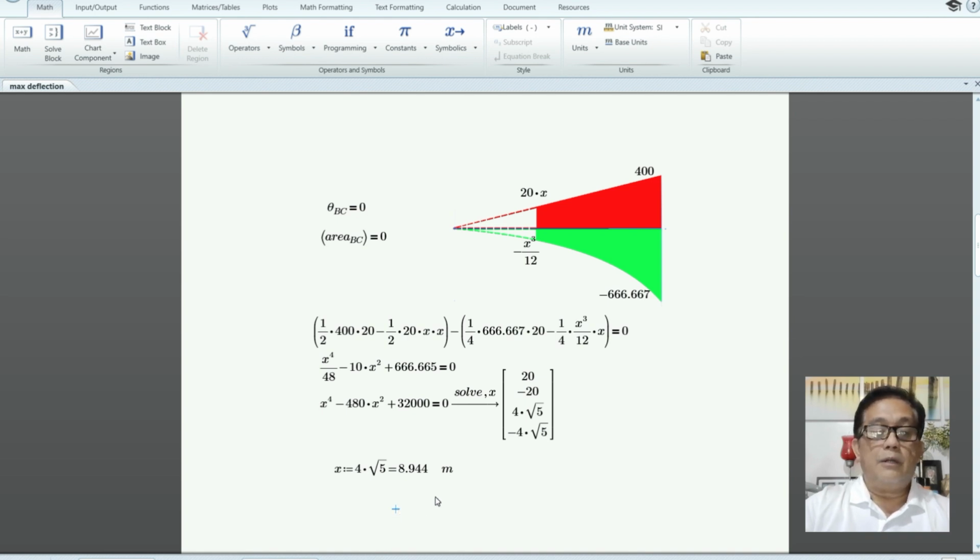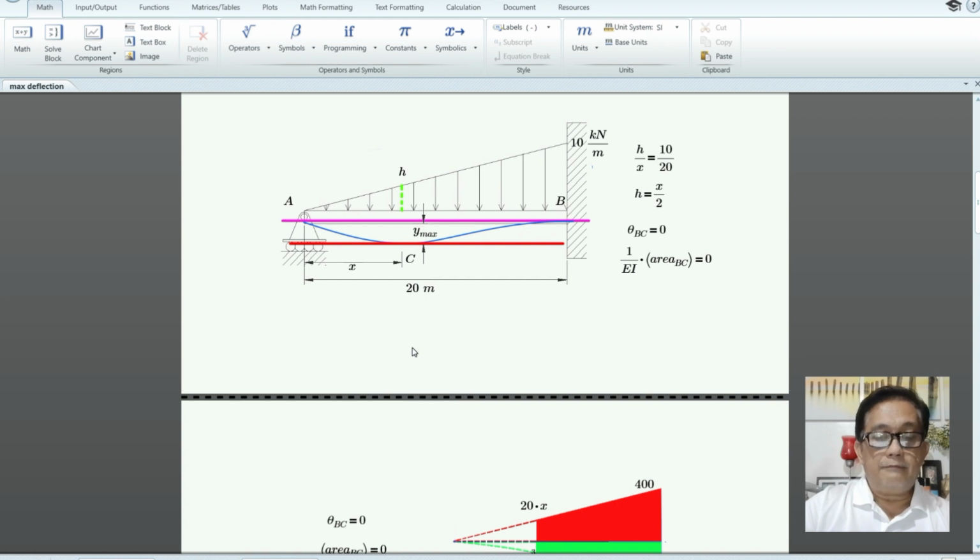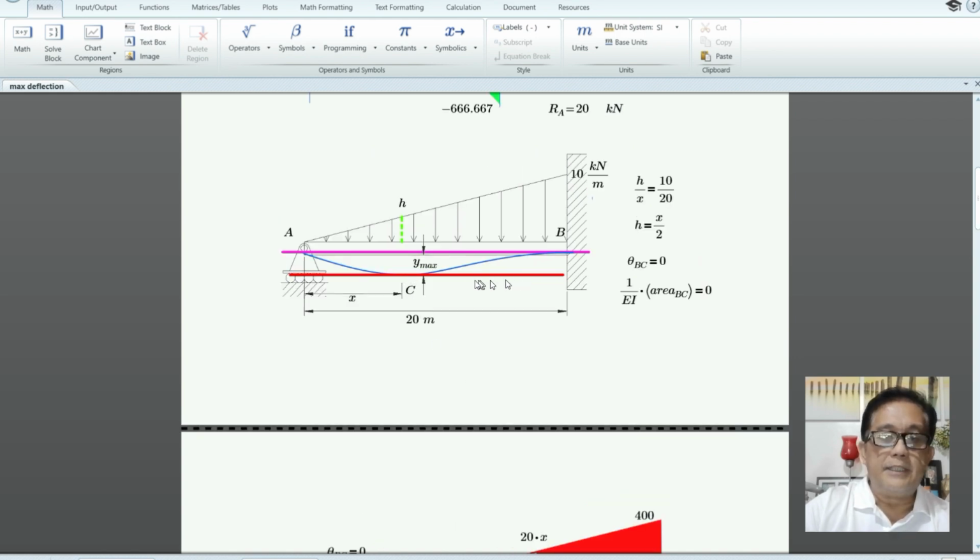And you can also solve this using your calculator, because some calculators nowadays are capable of solving this kind of equation. So let's solve for the deflection first, and then later we'll use other methods to solve for X. Going back to the figure above, if we consider this red tangent line at point A, you will see that there is a gap or deviation between this tangent line and this blue elastic curve.